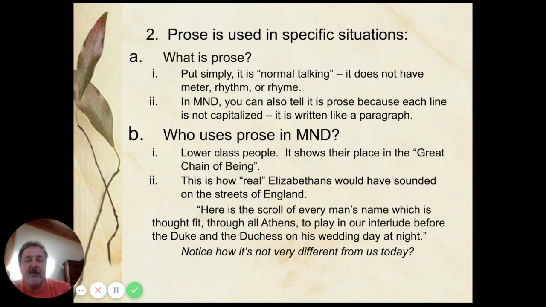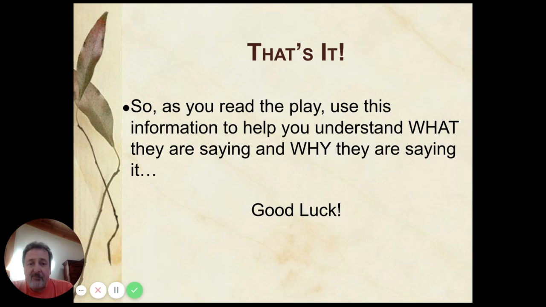All right? So that's it. That gives you the basics on the language in the play and why it sounds the way it does. Don't worry about getting all of this right now. All right? We're going to be working on it throughout the play, but this gives you the background you need for us to get started with our work.